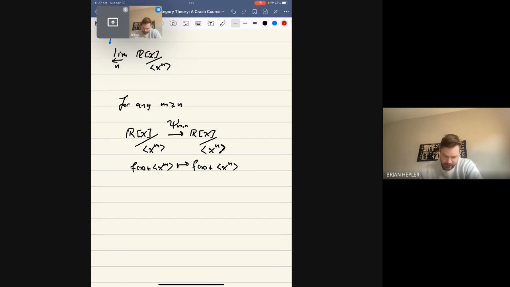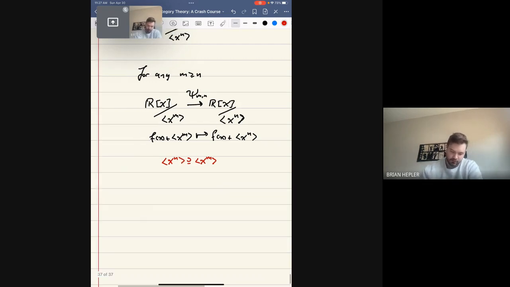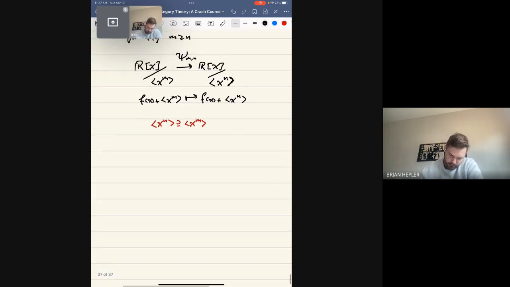Nothing fancy. This function doesn't do anything to f. It just includes it into a different quotient. This is because if m is greater than or equal to n, then this thing contains this thing. There are more elements here.